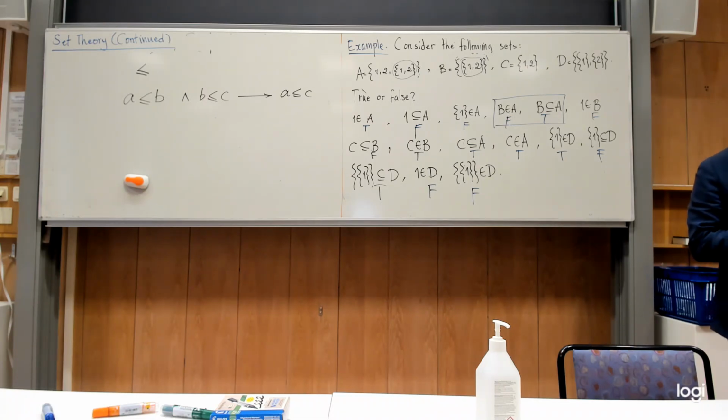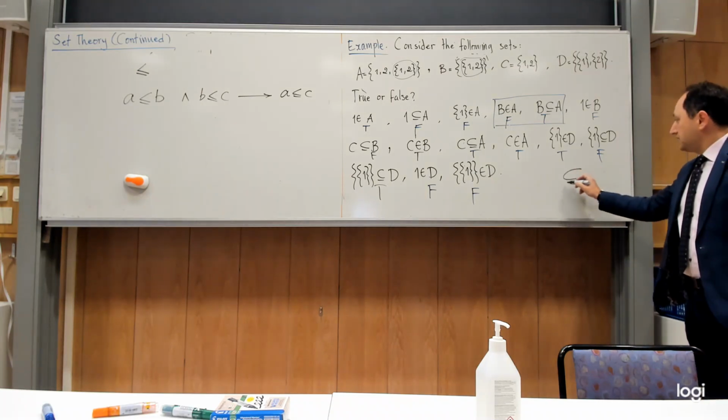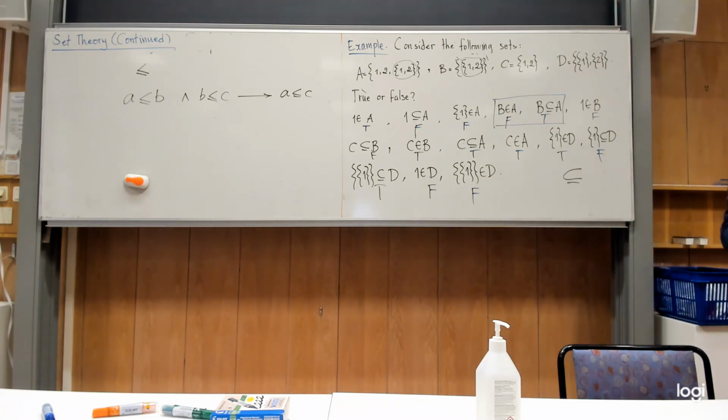Now my question for you. Being a subset is a relation among sets. My question, is it reflexive? How do you translate this question? It means, is it true that every set is a subset of itself?